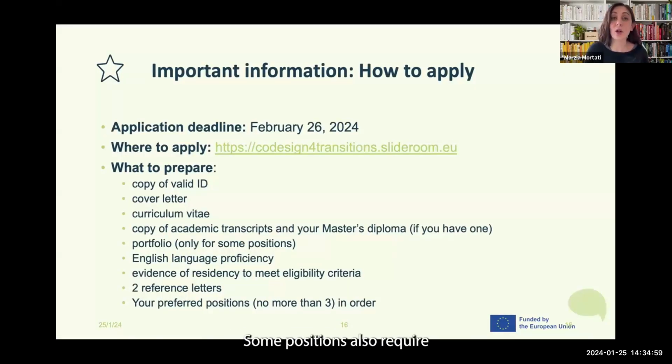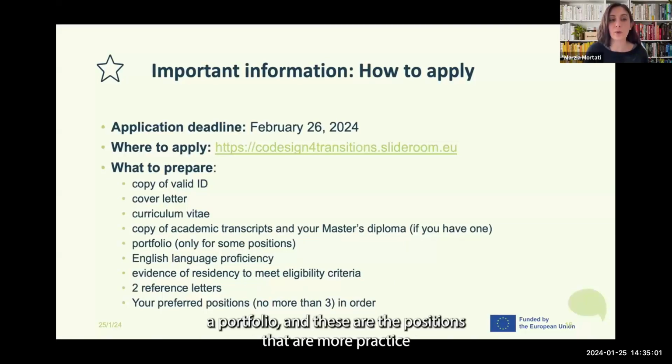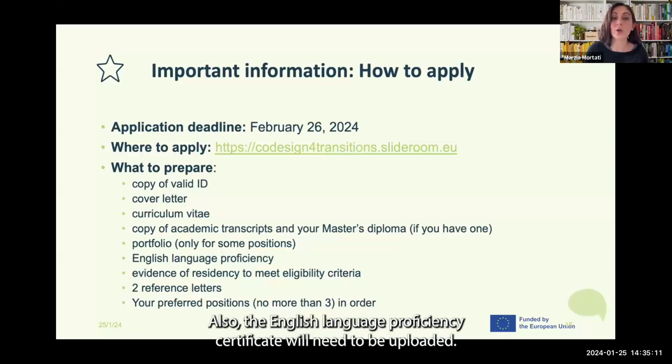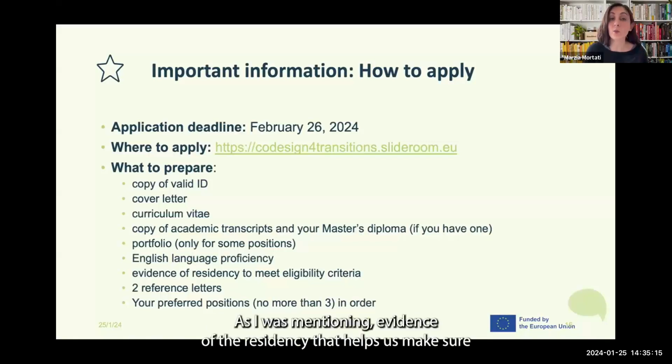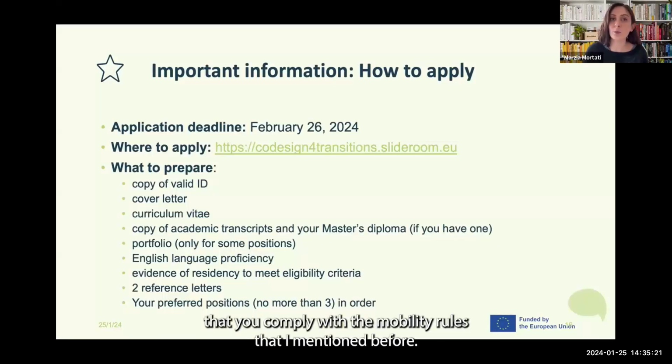Some positions also require a portfolio, and these are the positions that are more practice-led. For the specific requirements of each individual university, the English language proficiency certificate will also need to be uploaded. As I was mentioning, evidence of residency helps us make sure that you comply with the mobility rule that I mentioned before.